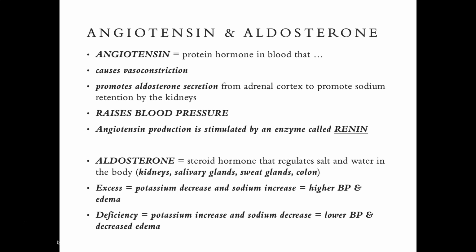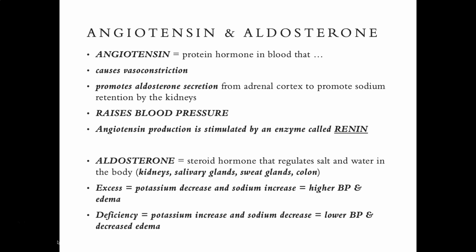When you have too much aldosterone, your potassium decreases, your sodium increases, and your blood pressure goes up, and you have edema. When you have a deficiency of aldosterone, your potassium increases, your sodium decreases, and you have lower blood pressure and decreased edema. Can you see why this is important?